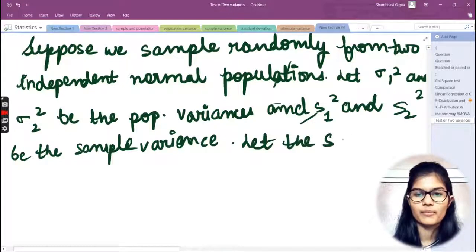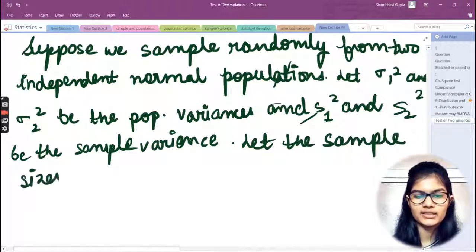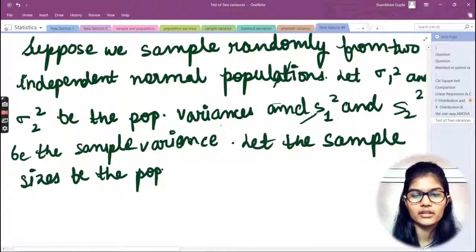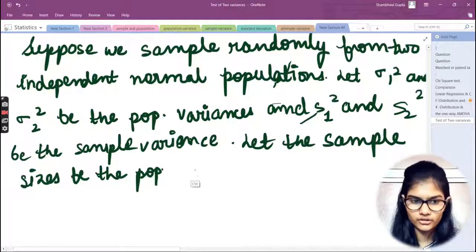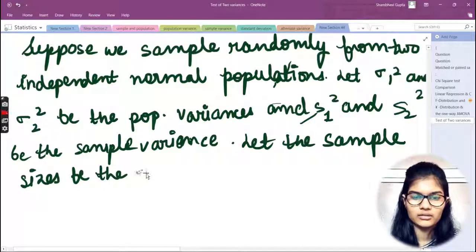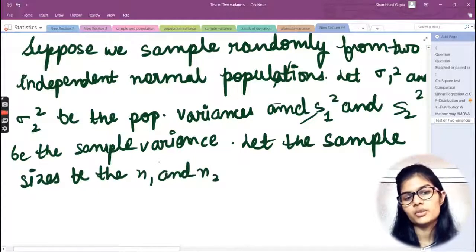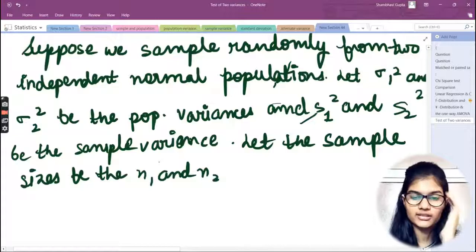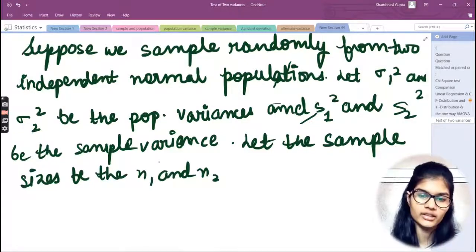Let the sample sizes be N1 and N2. So N1 and N2 are basically the sample sizes which we have here.